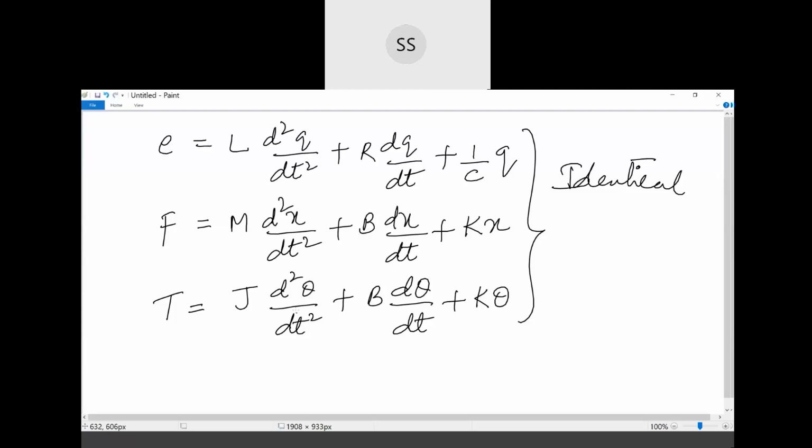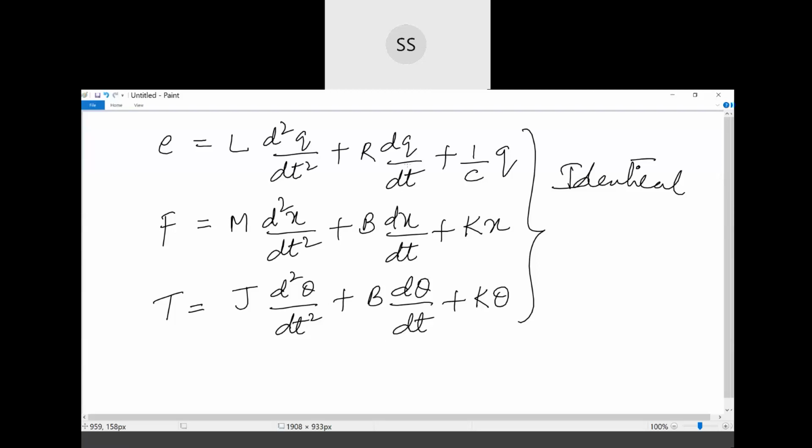The mass and spring act as storage elements, just as the inductor and the capacitor do in the electrical system. In mechanical systems, friction represents the dissipative part, whereas in the electrical system the resistor is a dissipative element. So there is a one-to-one similarity between these three equations.